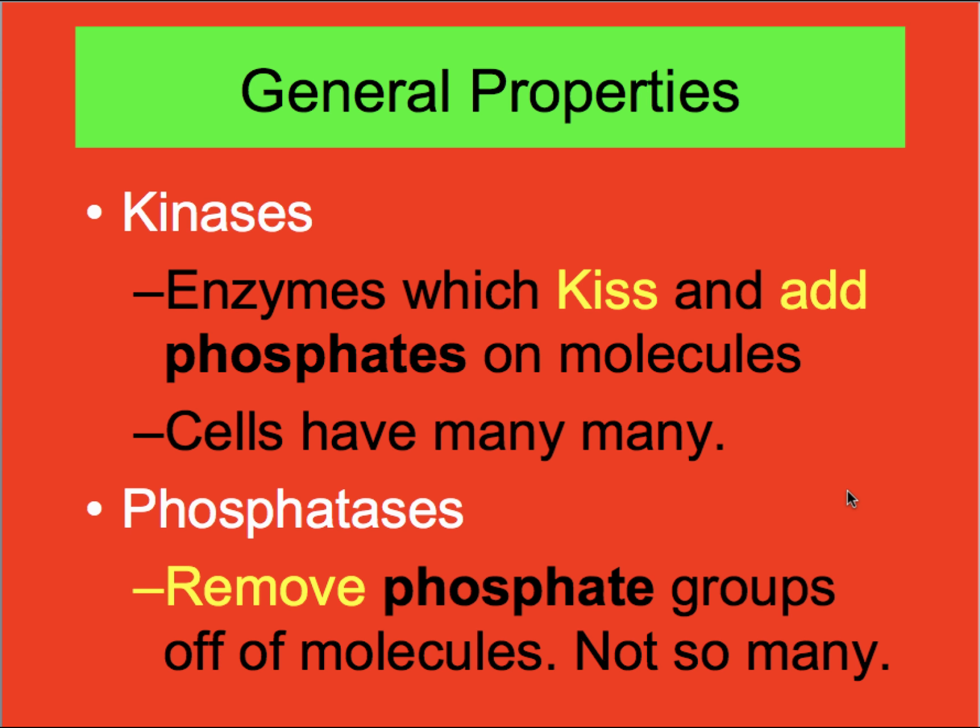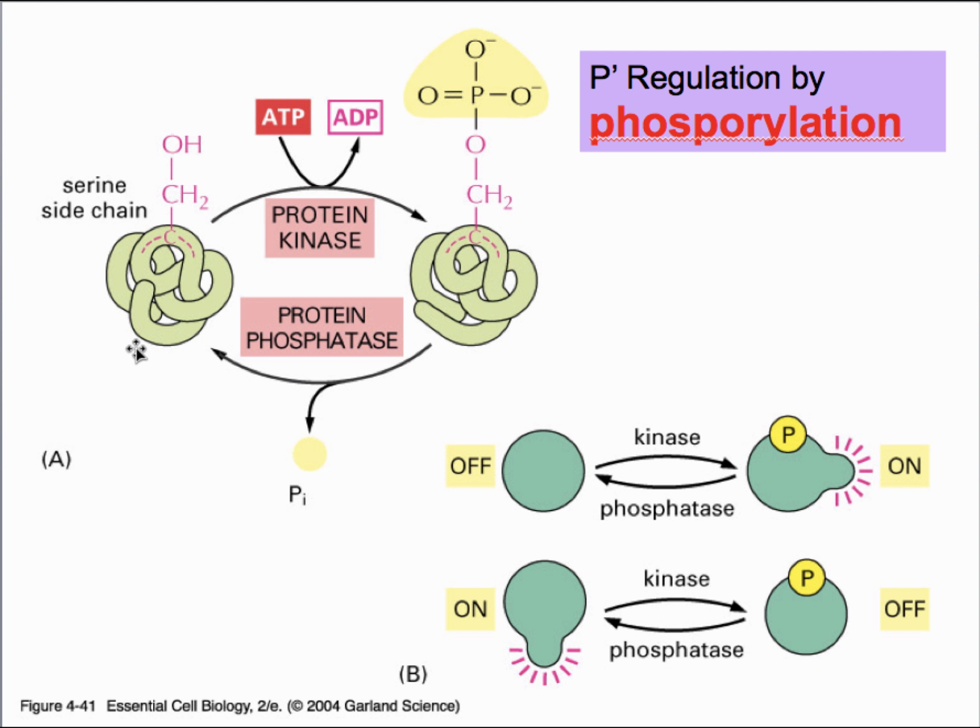The amino acids of a protein which are commonly phosphorylated are generally serines, threonines, and tyrosines, STT. This slide shows such a phosphorylation event.